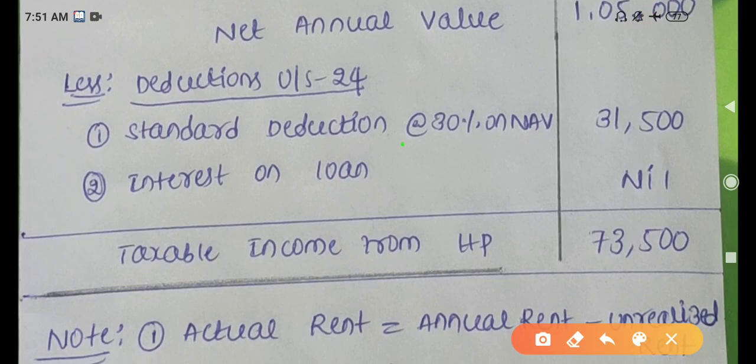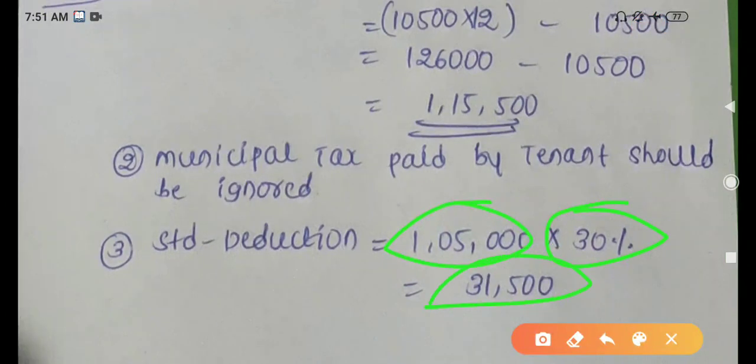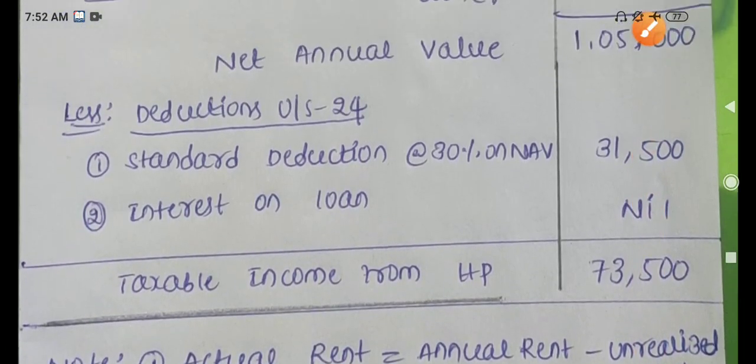So standard deduction 30% on NAV, whatever may be the amount of NAV, net annual value, you have to deduct 30% as a standard deduction. So 30% on 1,05,000. Here I have shown calculations. So standard deduction, 1,05,000 into 30%, you'll get 31,500 as a standard deduction. So that standard deduction has to be mentioned here.